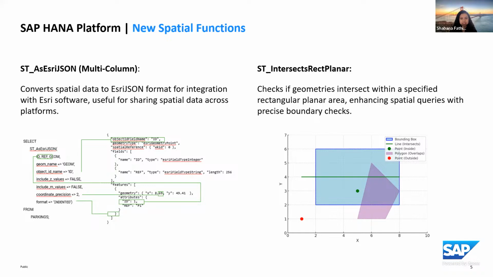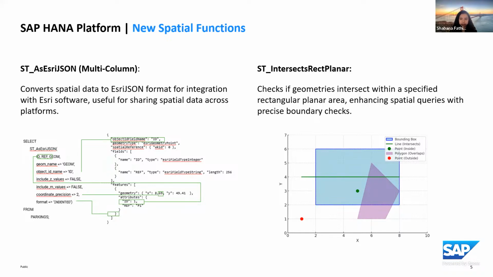The next function is the ST_IntersectsRectPlanar function, which would allow you to check if the geometry intersects with a specific rectangular planar area. You could think of it like a boundary checker for your spatial data. This function is especially useful when you're dealing with spatial queries that require accuracy in defining points or geometries that would fall within a certain boundary.